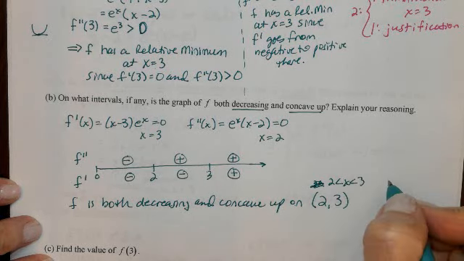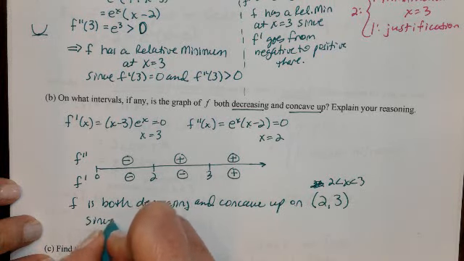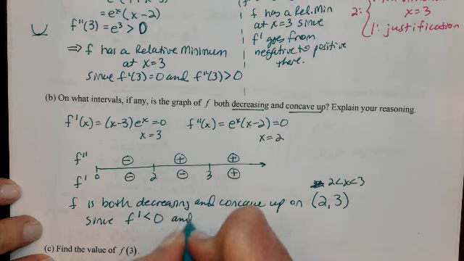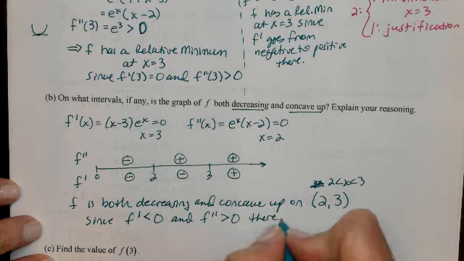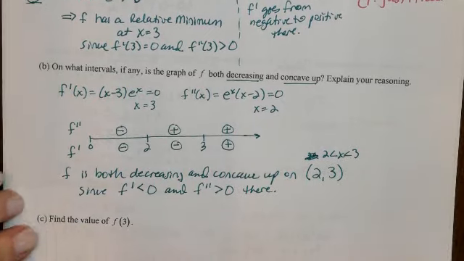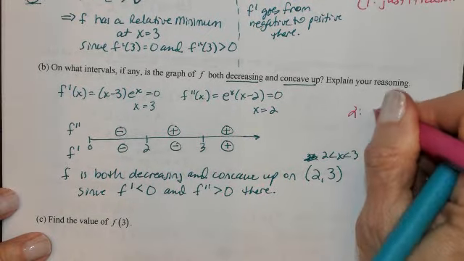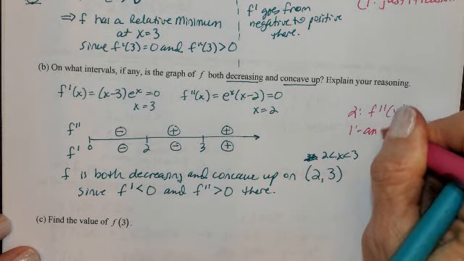If you'd rather do it in inequality notation, that's fine. Since f prime is less than 0 and f double prime is greater than 0 there. That was worth 3 points. 2 points for finding f double prime, and 1 point for the answer with reason.